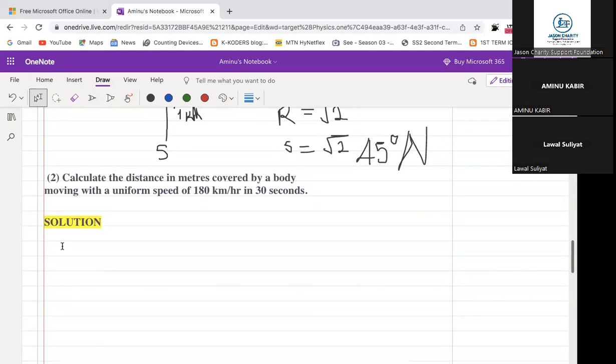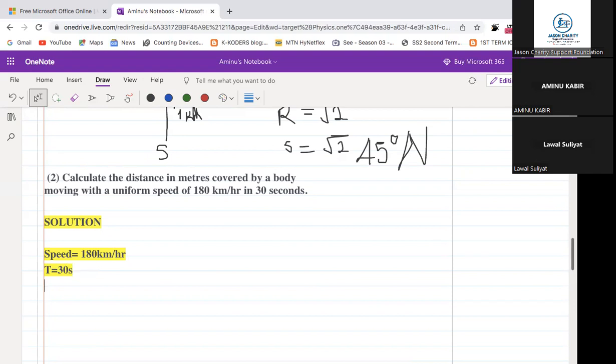We're given that speed is equal to 180 kilometers per hour. And we're also given time, T, to be equal to 30 seconds.